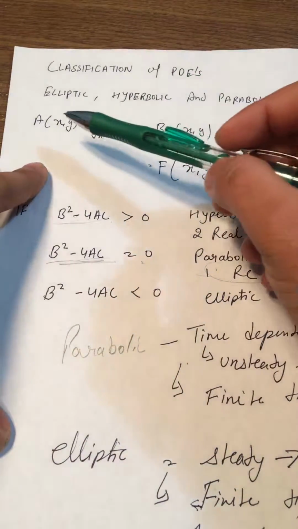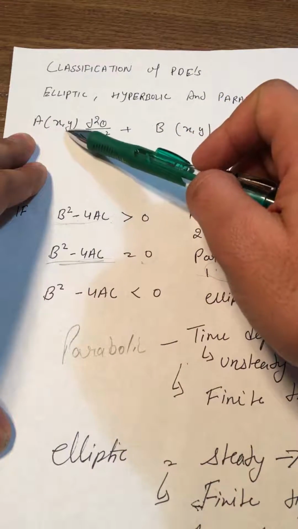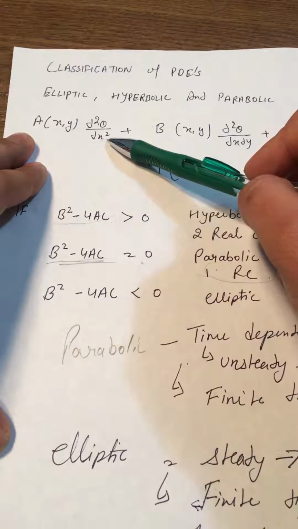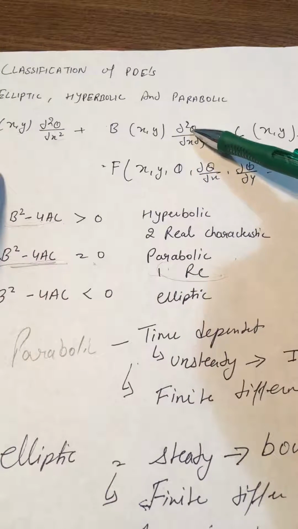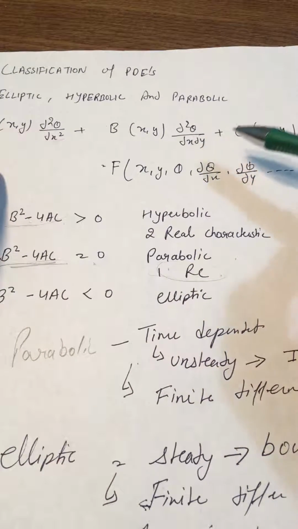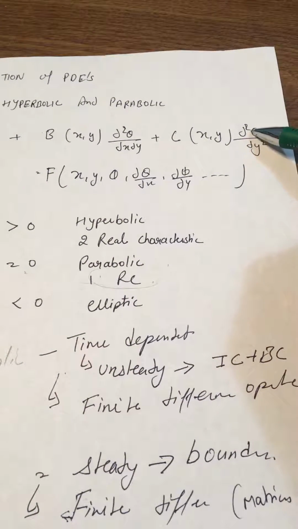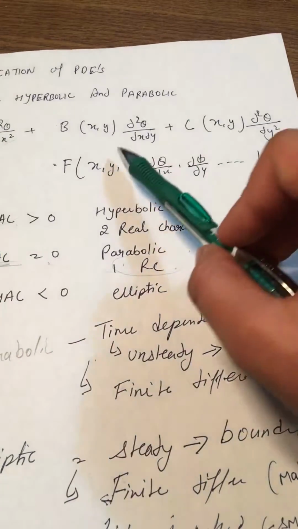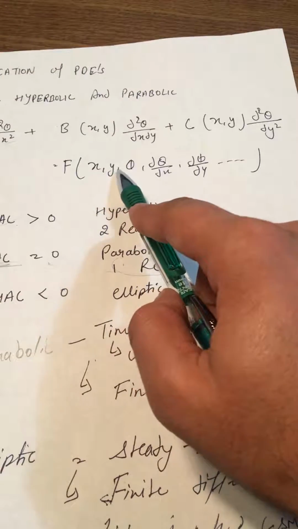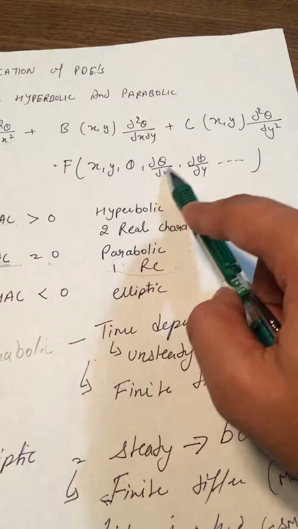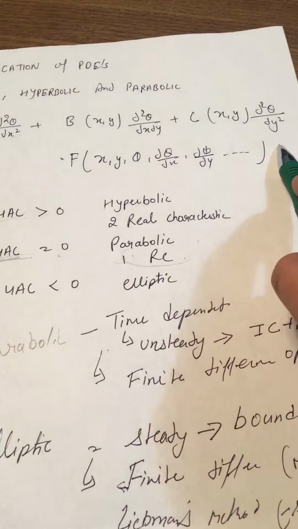So let's take a as a function of x and y, d square phi by dx square, plus b as a function of x and y, d square phi by dx dy, plus c as a function of x and y, d square phi by dy square, is equal to a function which can be x, y, phi, d phi by dx, d phi by dy, or maybe something else.